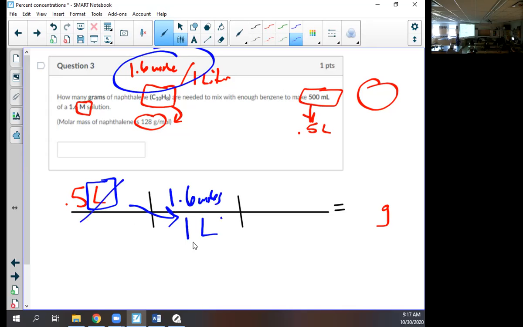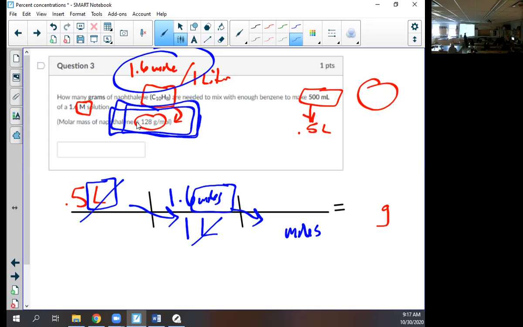Then liters disappear. What about this unit? Where does it go? Down and over. Moles right here. And what is it tied to? It's right there. I'm boxing it. You cannot get this one wrong. What is moles tied to? Oh yes, 128 grams per 1 mole.